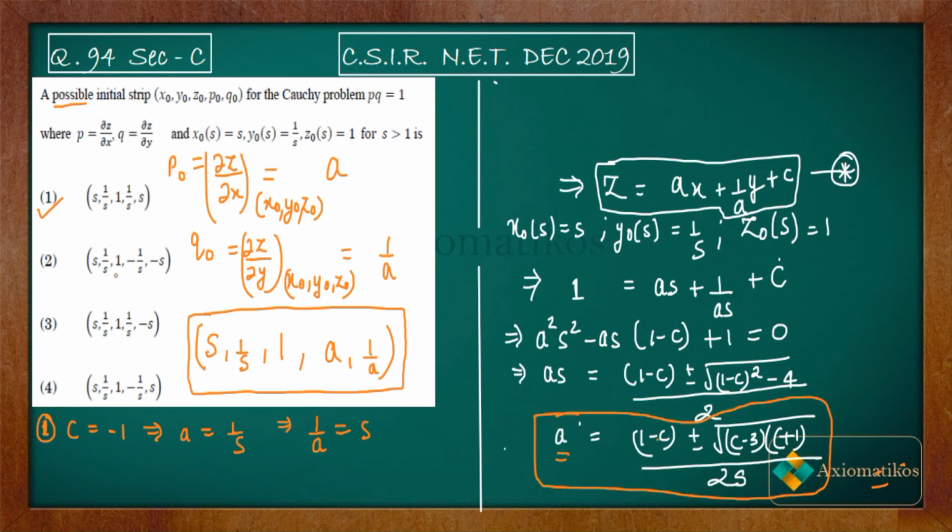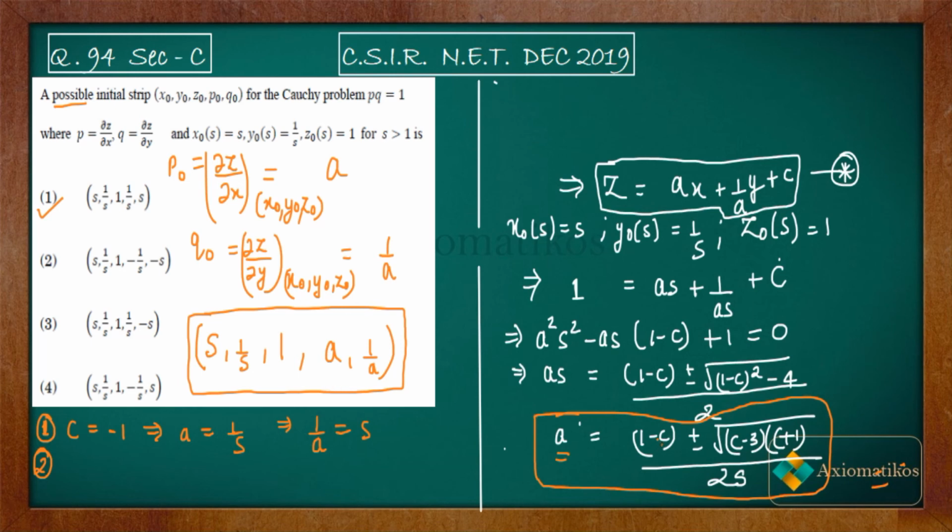Now let us think about what you should replace as c such that the second option becomes your solution. In the second option, you need minus 1 by s. That means you need a such that you get minus s over here.